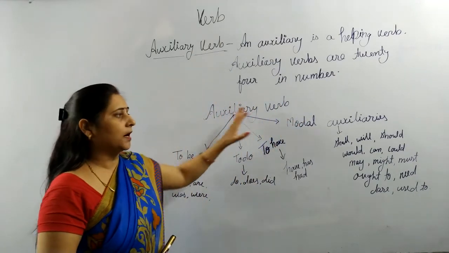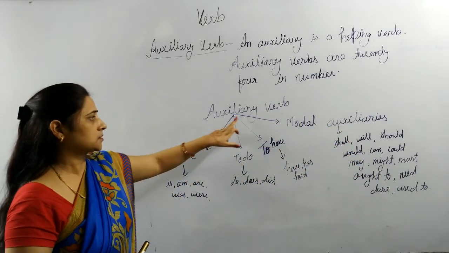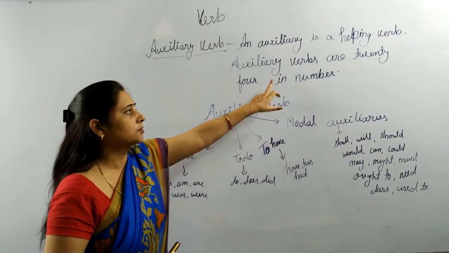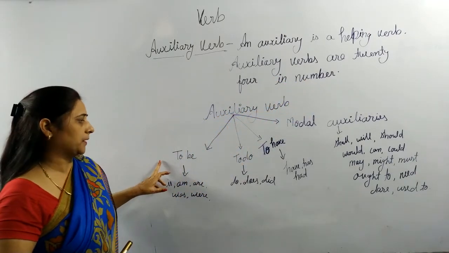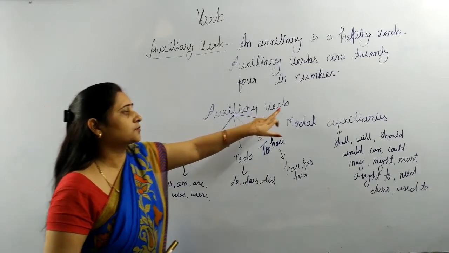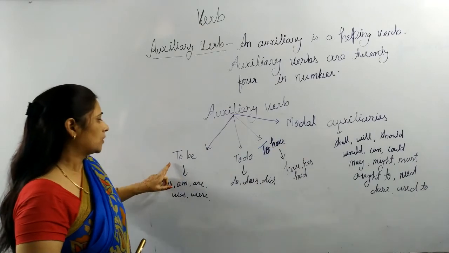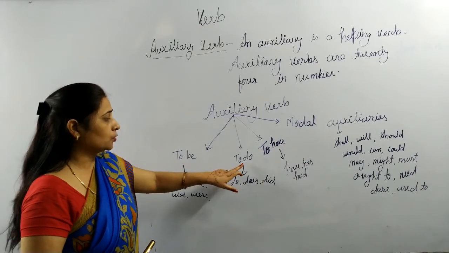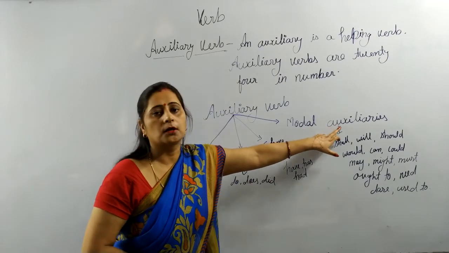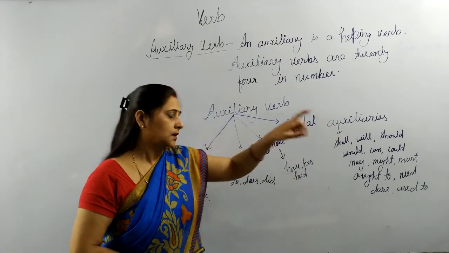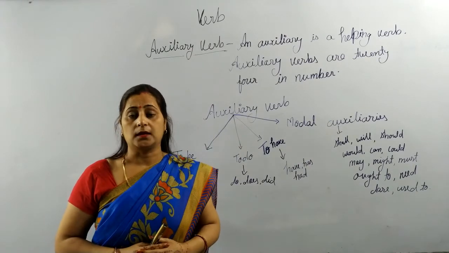Now with this chart I am going to explain it. Through this chart, I will explain all the 24 auxiliary verbs. Auxiliary verbs are divided into four parts: to be, to do, to have, and the modal auxiliaries. To be means being verbs.